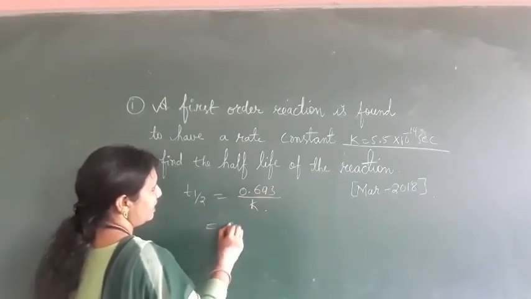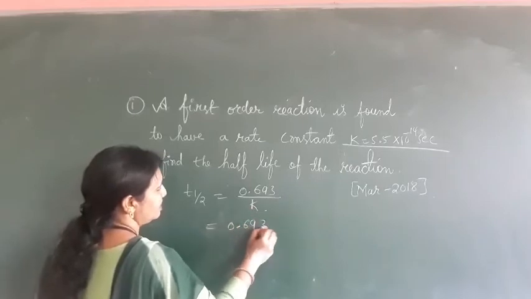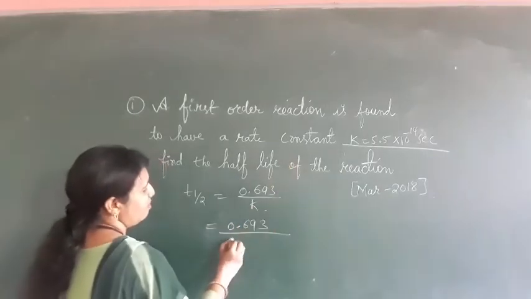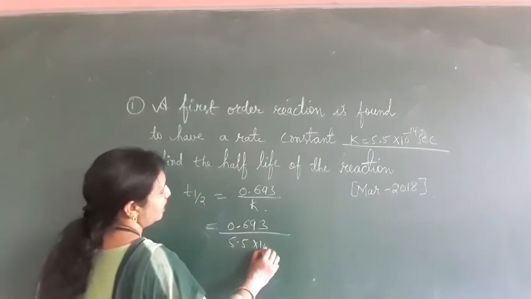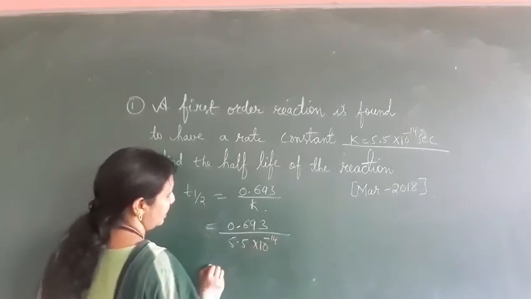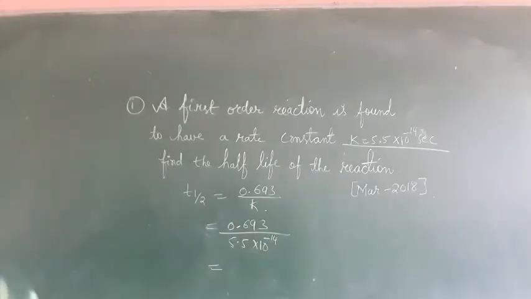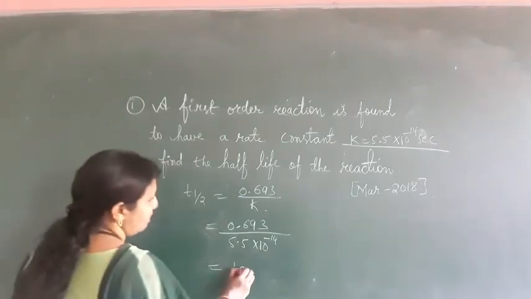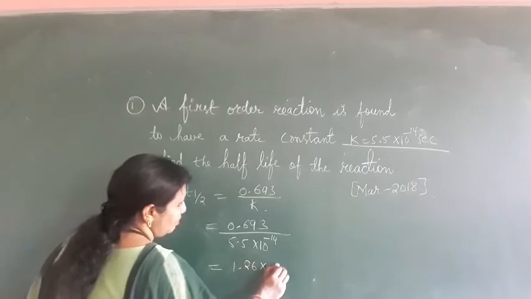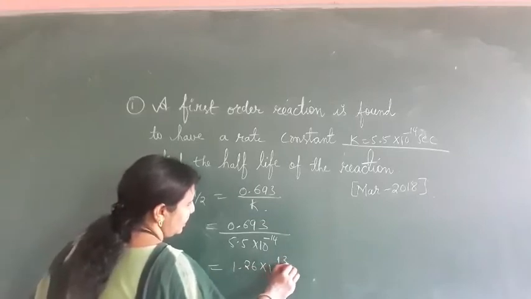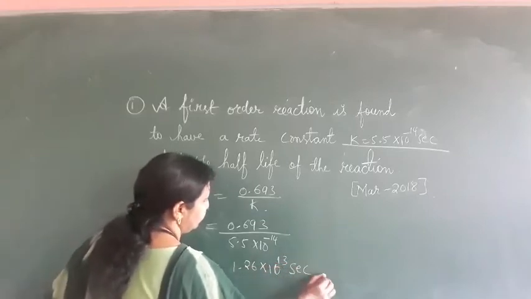K value is given here. Just put down 0.693 divided by 5.5 into 10 to the power minus 14. What is the answer here? You will get 1.26 into 10 to the power 13 seconds.